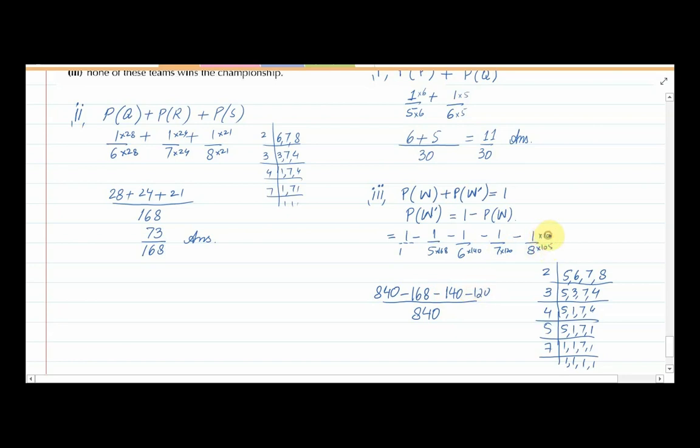You need to subtract all these numbers from 840, so it will be 840 minus 168 minus 140 minus 120 minus 105. So it's 307 divided by 840, that is your answer.